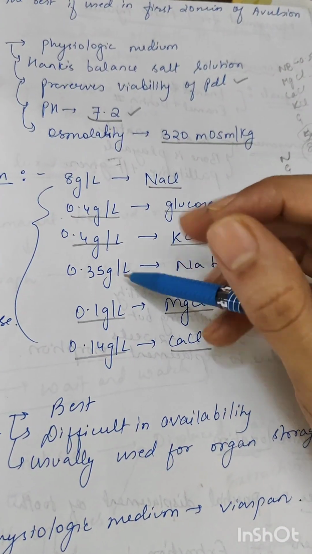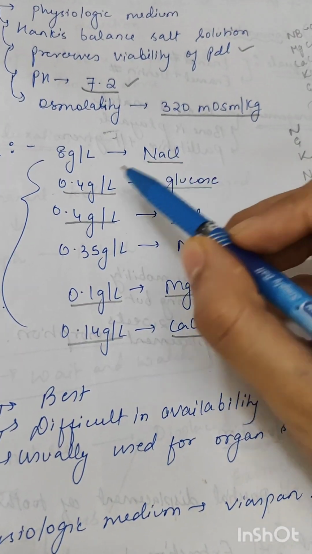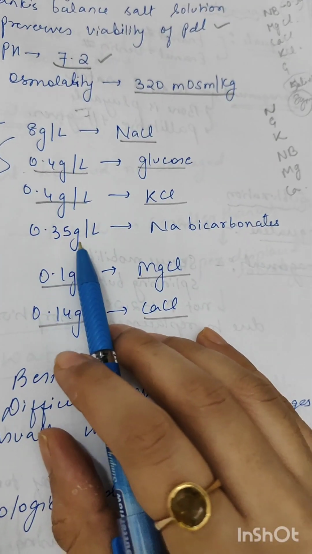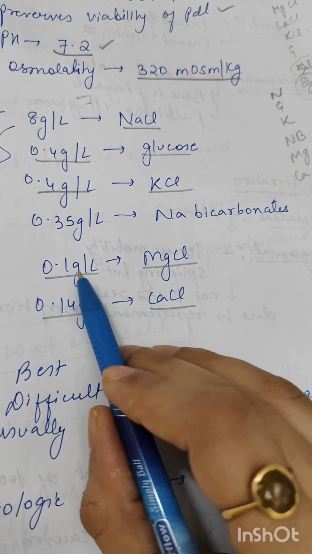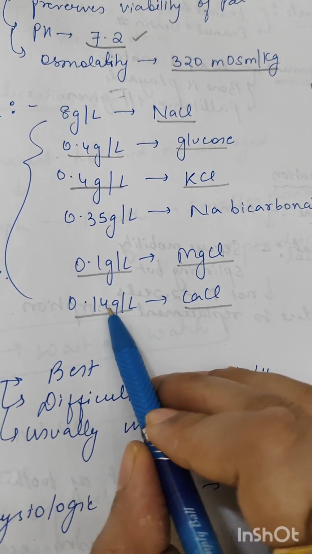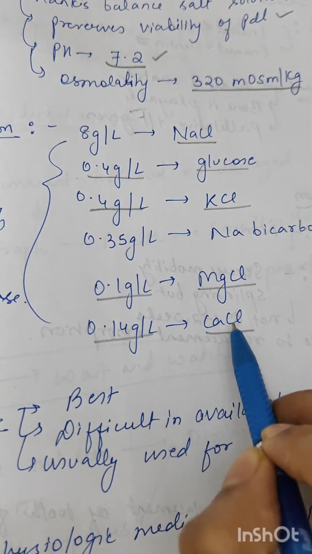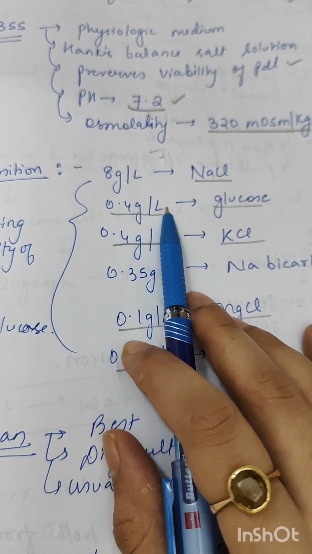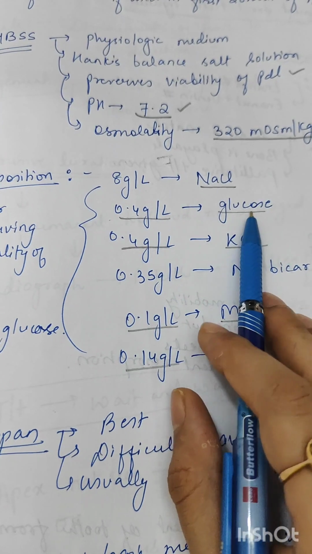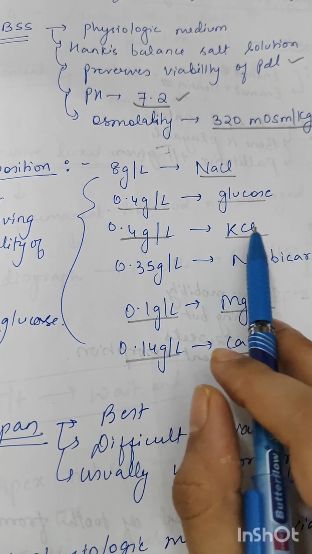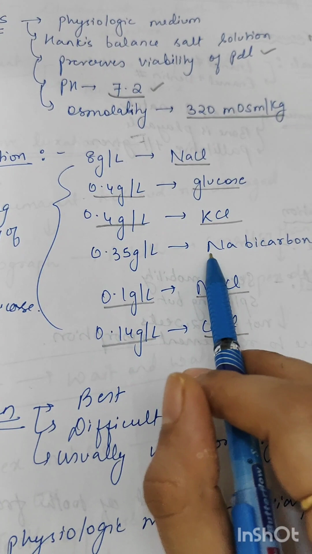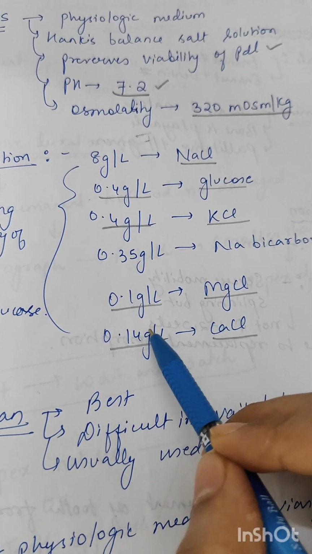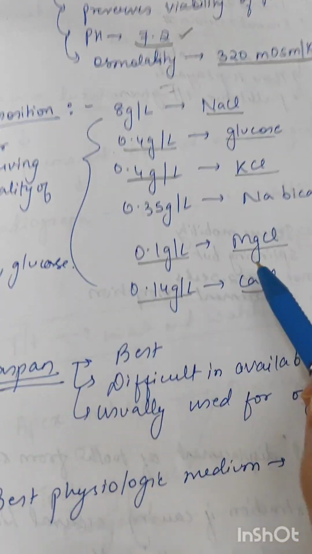It has 8 gram per liter of sodium chloride, 0.4 gram per liter of glucose, 0.4 gram per liter of potassium chloride, 0.35 gram per liter of sodium bicarbonate, 0.1 gram per liter of magnesium chloride, and 0.14 gram per liter of calcium chloride.